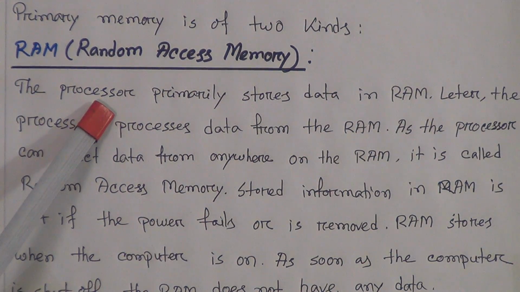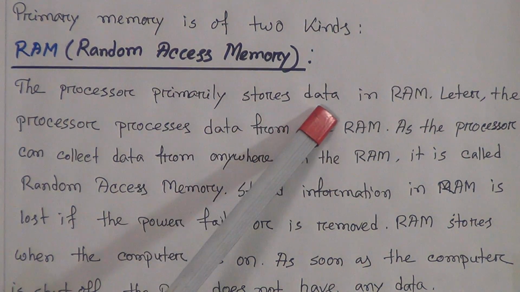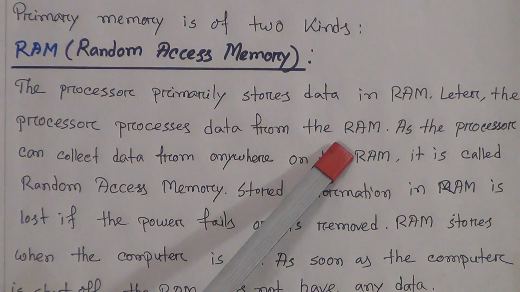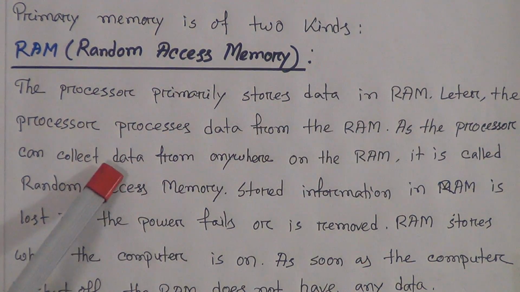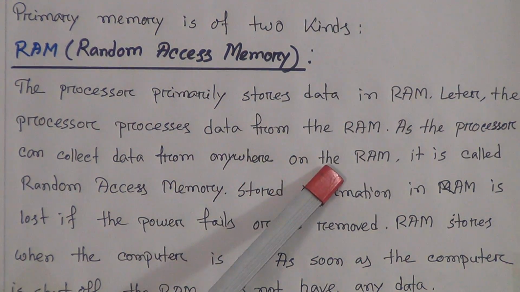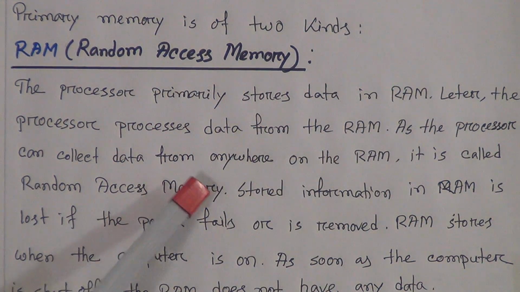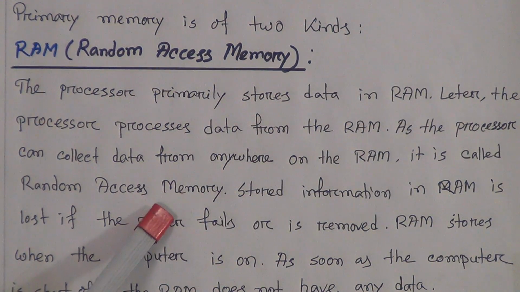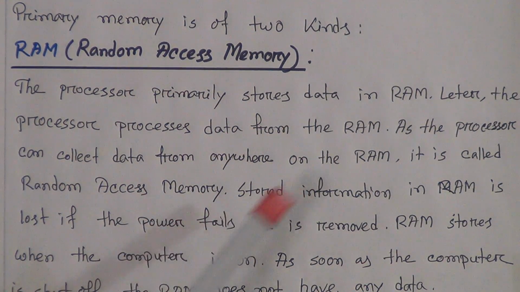The processor primarily stores data in RAM. Later, the processor processes data from the RAM. As the processor can collect data from anywhere on the RAM, it is called random access memory. That means the processor can collect data anytime and anywhere of the RAM easily.